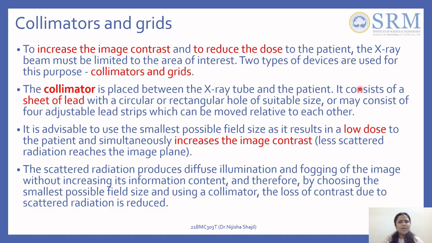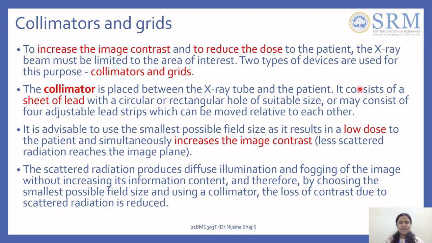Why do I need this? If I want to get a high contrast image, then the X-rays have to be concentrated, the energy has to be concentrated. Naturally, I need to give a small surface area. Whenever my priority is not contrast, but I want to see the different structures, in that case I can go for a large area output.